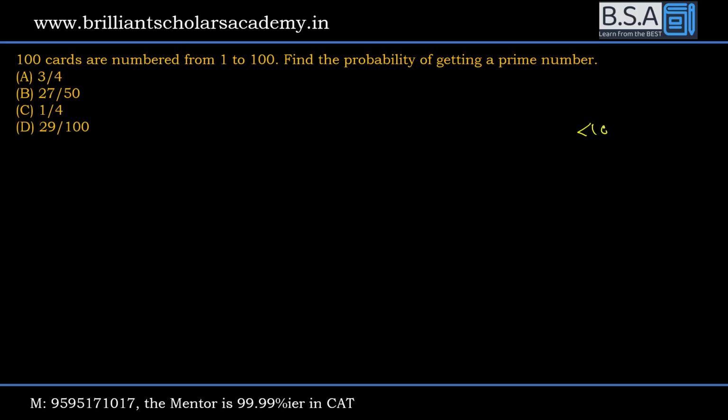Up to 100 there are 25 prime numbers. तो अगर 100 कार्ड आप पिक करने जा रहे हो कोई एक कार्ड, there are 25 prime numbers out of 100. That is favorable element upon sample space, 1/4. सोचना ही नहीं है.